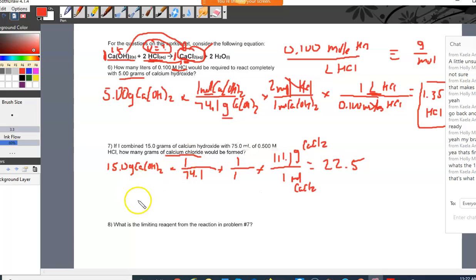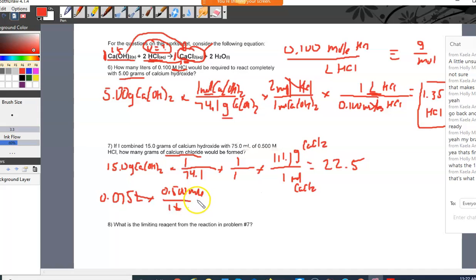Okay, and then we're going to do the same thing, but the HCl, we're going to start with 75 milliliters and convert it to liters, though. Because remember, your molarity is in liters, so you got to make sure that if you're given milliliters, you convert it to liters. And then 0.500 moles over 1 liter. So remember, moles is on top, liters on the bottom, so liter you can cancel out.